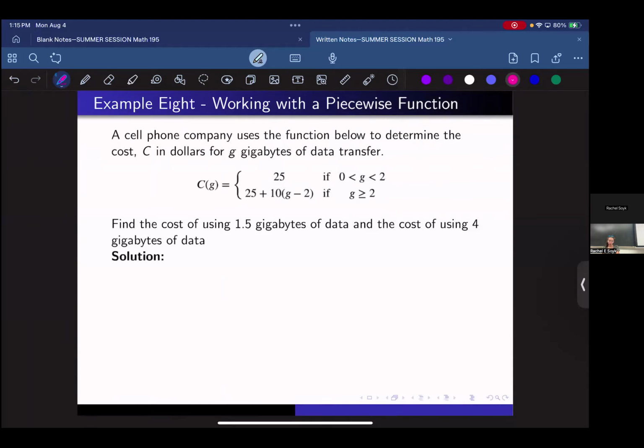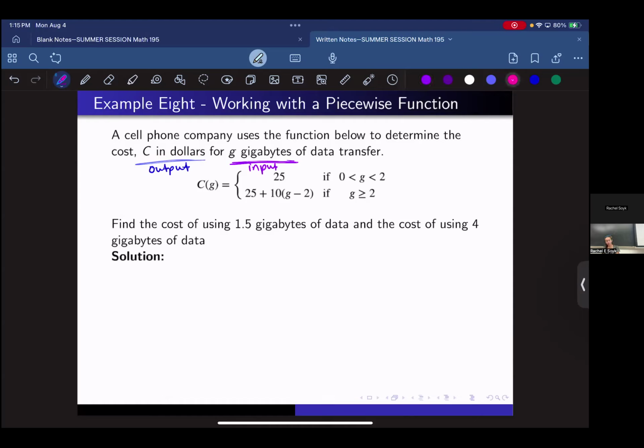Right, we have a word problem example. A cell phone company uses the function below to determine the cost C in dollars for G gigabytes of data transfer. C in dollars, that's your output. G gigabytes, that's your input, aka your x value.